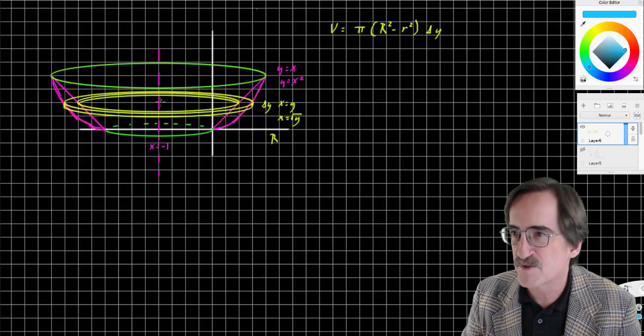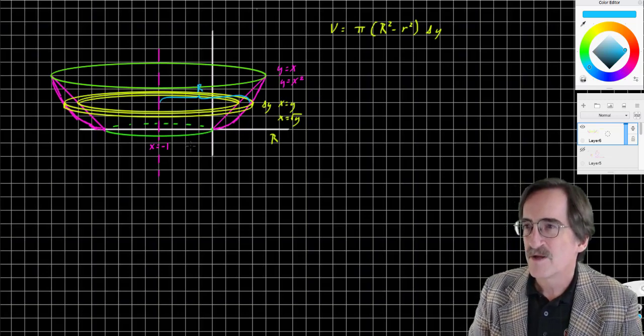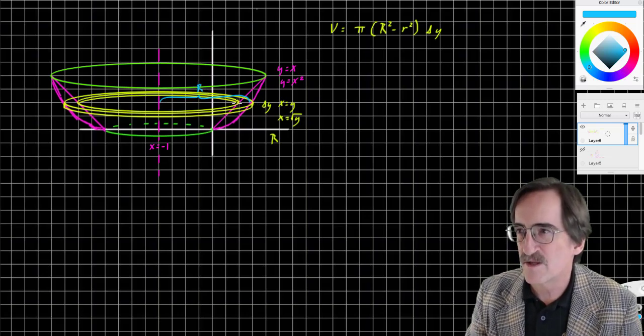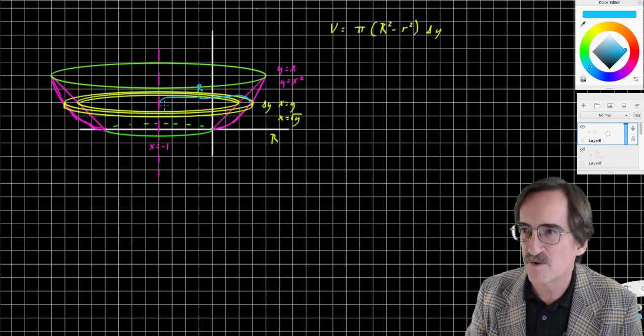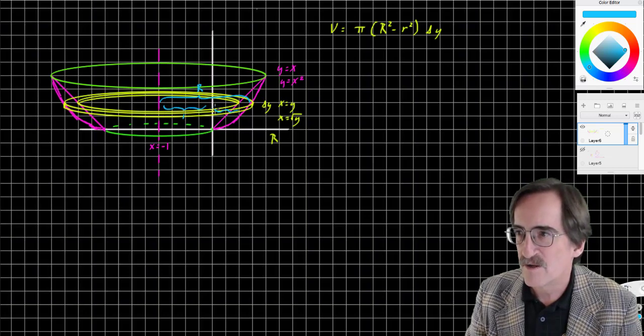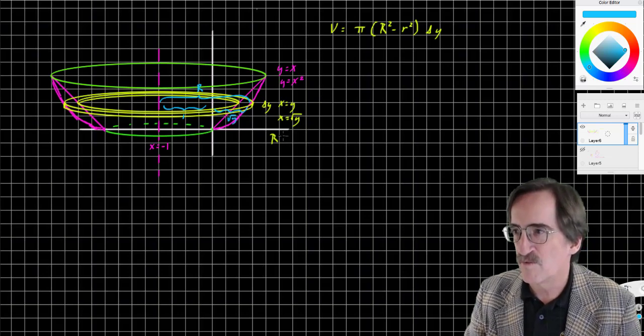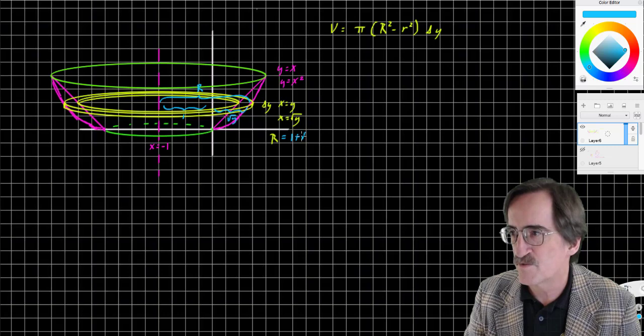The distance between -1 and the outer rim. So that is root y plus 1, because we have to go an additional 1. So big R is 1 plus root y.